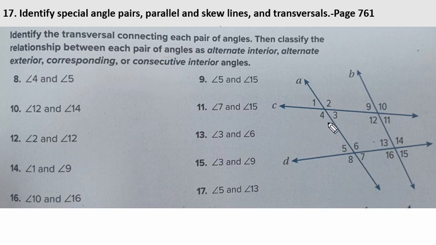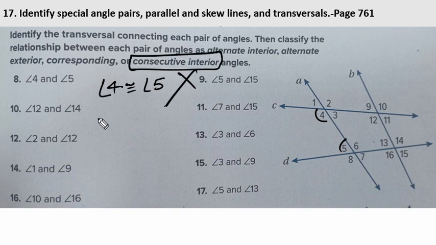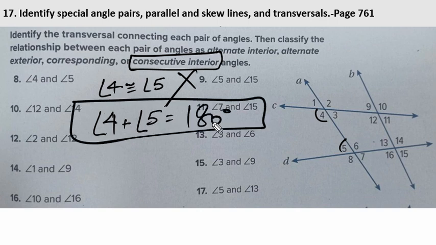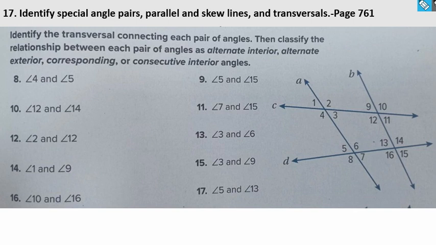Are they equal? Can we say angle 4 is congruent to angle 5? Is this correct? No. Because when I say consecutive interior angles, then angle 4 plus angle 5 is equal to 180 degrees.